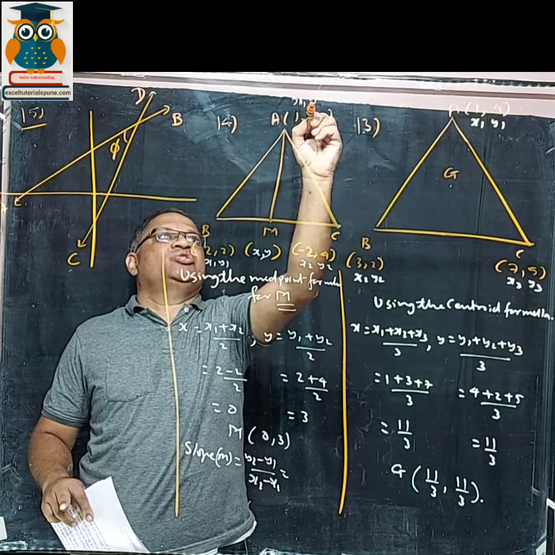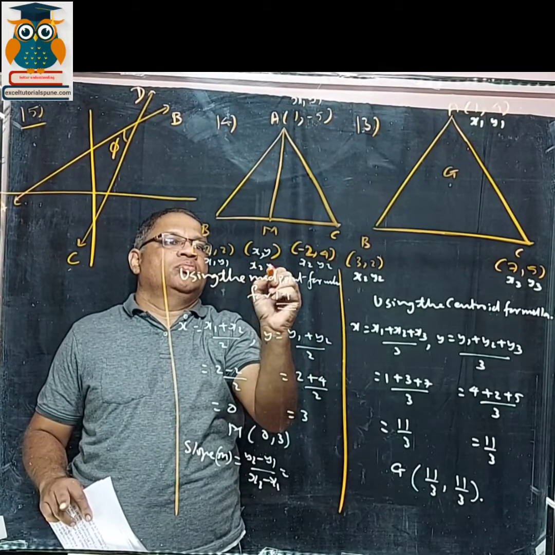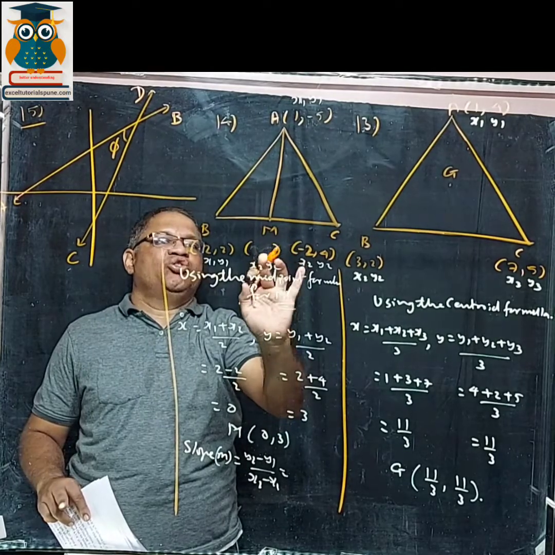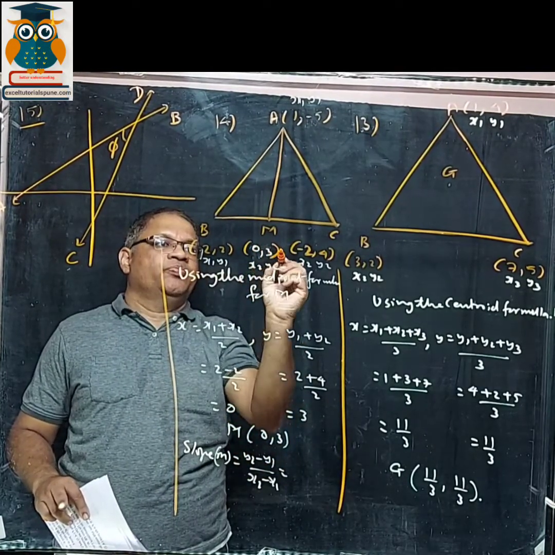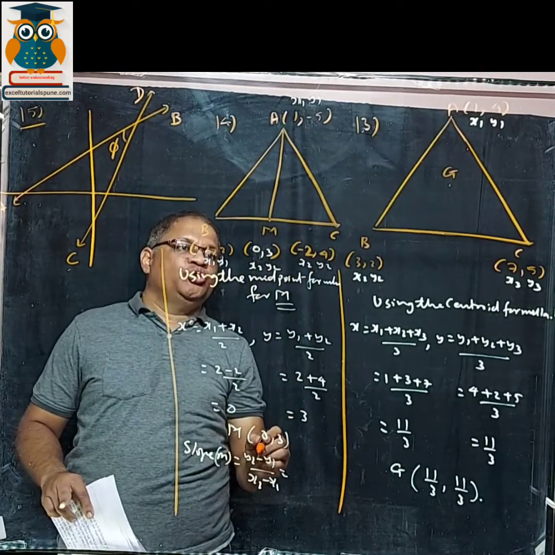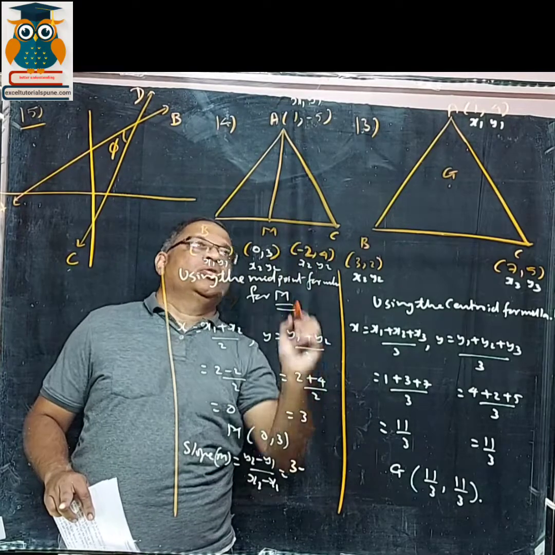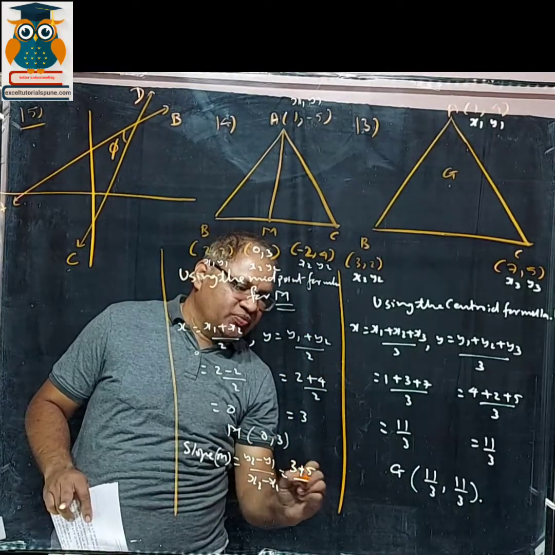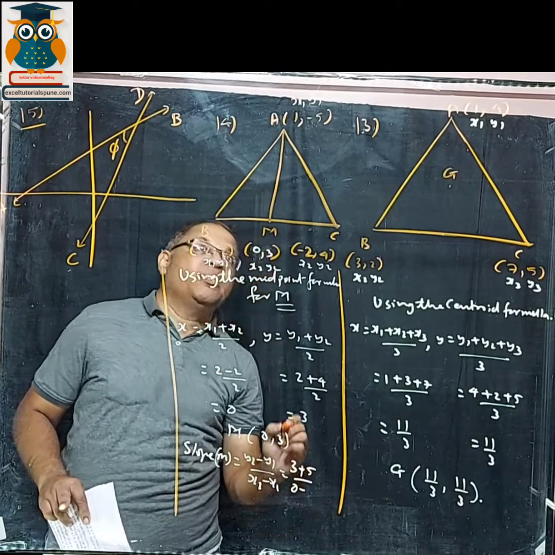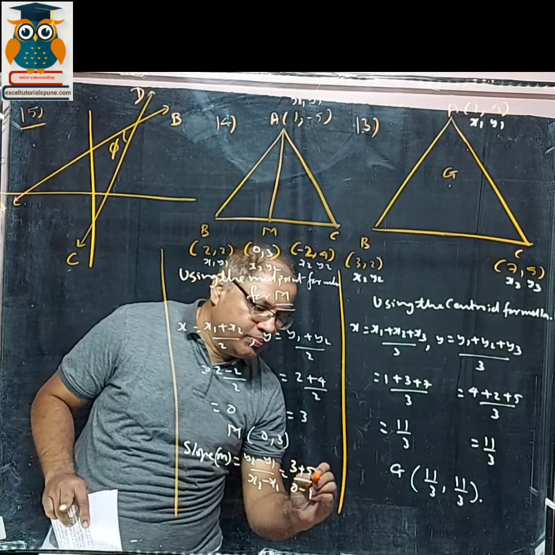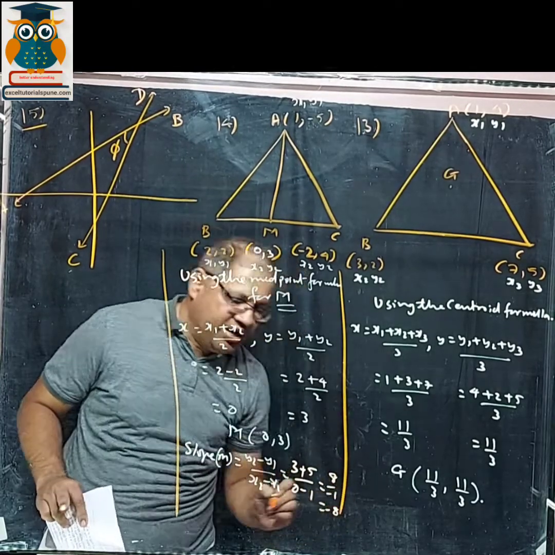So take this as x1 y1, this as x2 y2, and the x and y coordinates you already found, that is 0 and 3. So substitute the values. See, 3 minus 5, that means plus 5, x2 is 0 minus x1 is 1, 8 upon minus 1, that is minus 8.